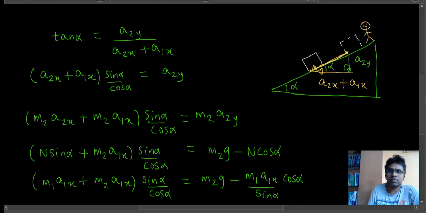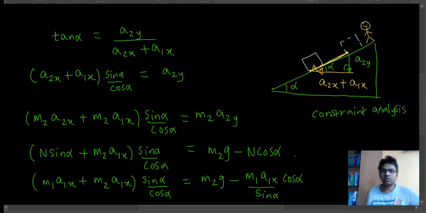This analysis is often known as constraint analysis. This is really important to understand while solving problems related to Newton's laws of motion. Other than that, there is algebra everywhere, so with practice, you should be able to solve such problems.